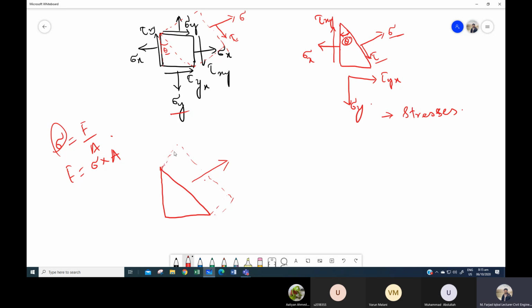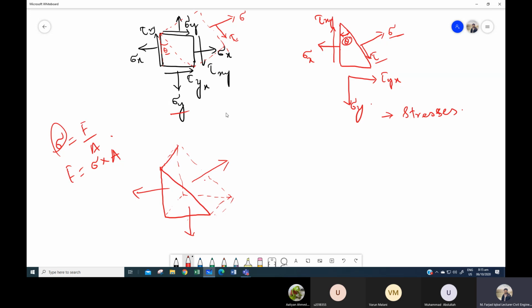Now this area is going inside the paper, and there will be area below this one and behind this one, that is the area on which these stresses are acting. If I multiply these stresses with this inclined area which I have shown with this dotted line, then I will directly get the force.